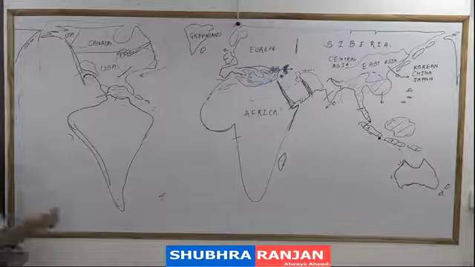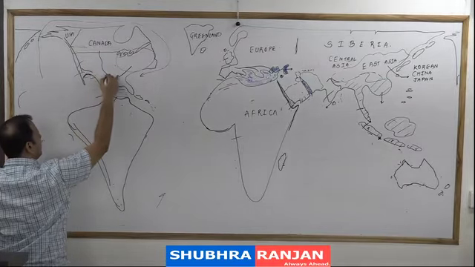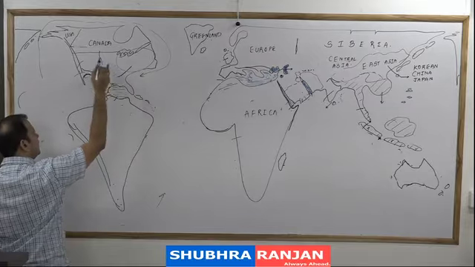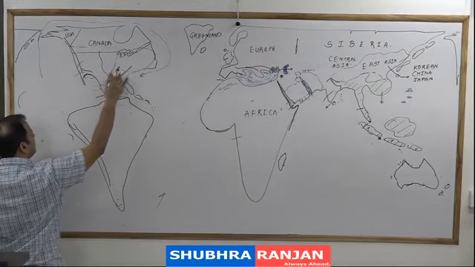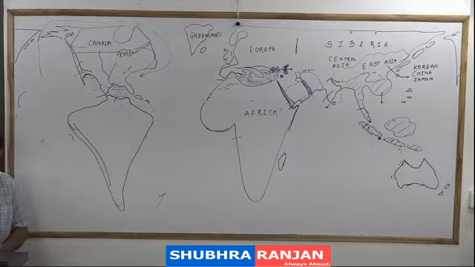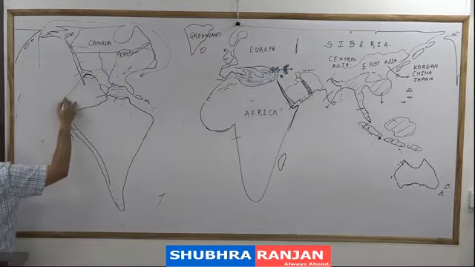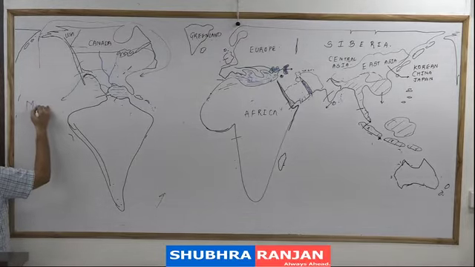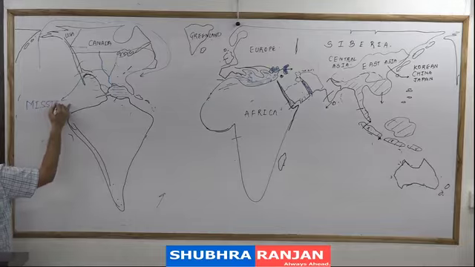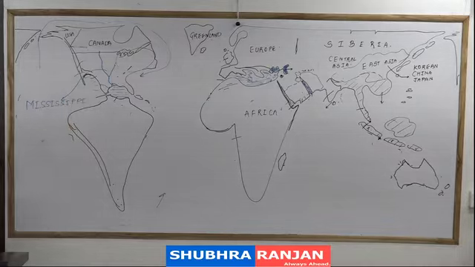See, there are some important rivers, and what is the name of this river of North America? See, this river of North America, no need to write it down, but still be aware of it, is known as river Mississippi.